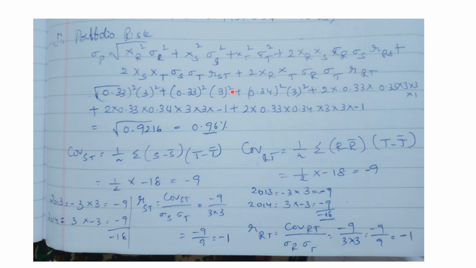So here substitute the values, whatever values we have got for R and its standard deviation, S and its standard deviation, and T and its standard deviation for T security, then 2 into. You have to put these values carefully. Even if one is misplaced or the calculation is wrong, the whole thing will go wrong.